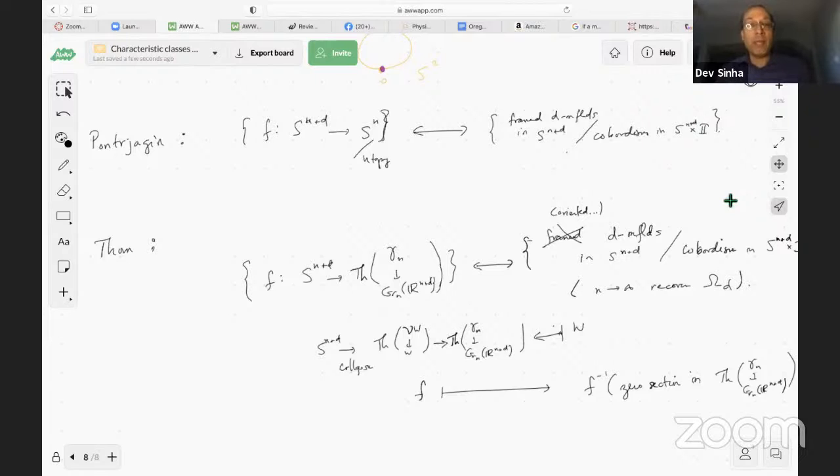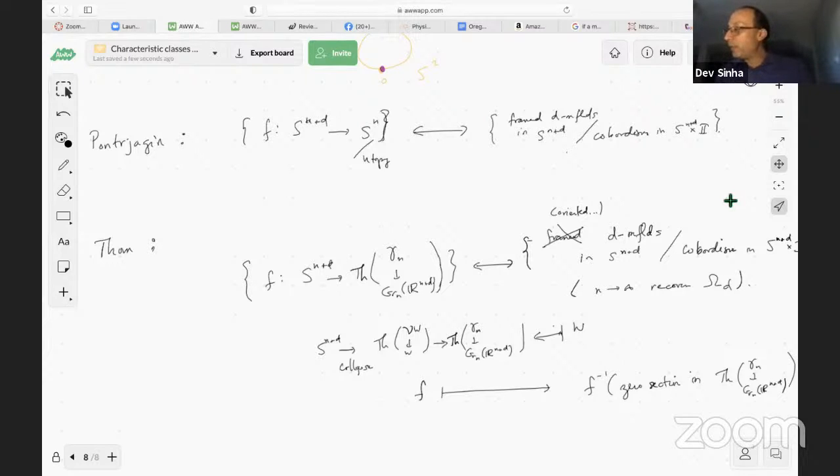The main thing being that we use the fact that Grassmannians are universal for bundles, and since we don't have the framed condition, what we do is classify the normal bundle of our manifold in S^{n+D}. Again, we're going to let n go to infinity, but we're still going to have these D manifolds.